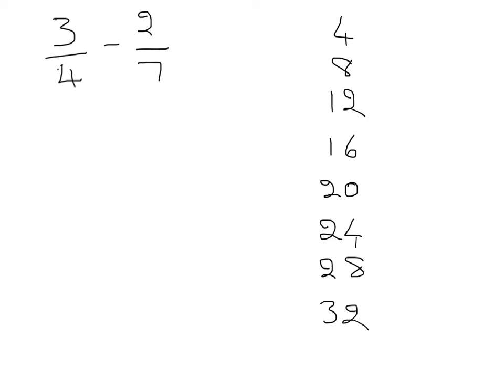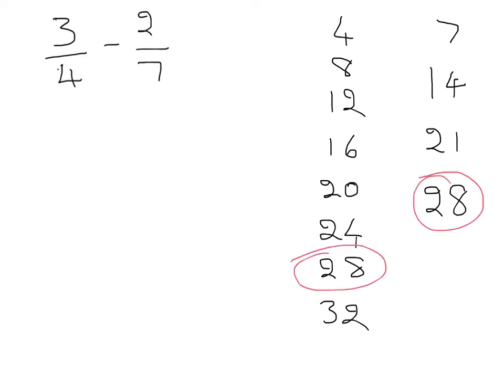Then let's have a look at the 7 times table. We have 7, 14, 21, 28. There we go. So the first number that occurs in both lists is 28. 28 is our new denominator.